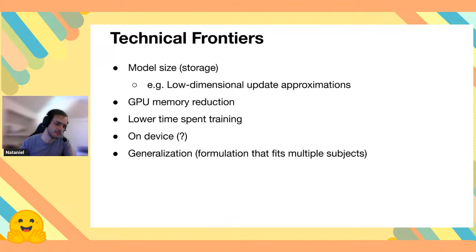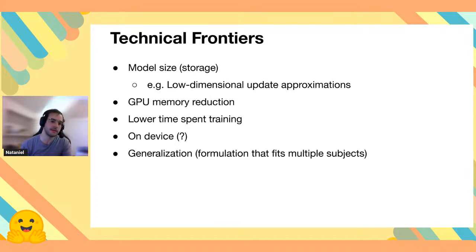So here are some technical frontiers of Dreambooth that you can explore using Keras. For example, one thing about vanilla Dreambooth is the storage size; later versions of Dreambooth use less. You could fine-tune only specific layers, which is another way of generating a Dreambooth model.